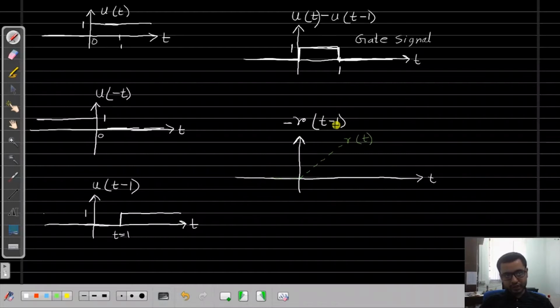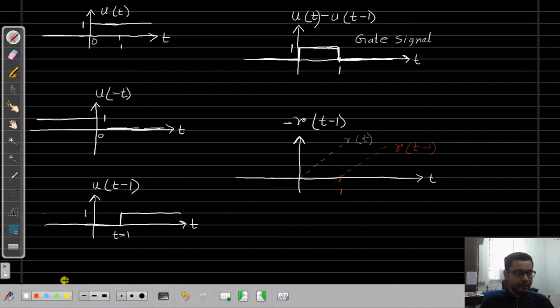Then because of this -1, you have to shift the signal towards the right by 1 unit. So if this is t equal to 1, then you shift it by 1 unit, and this is r(t-1).